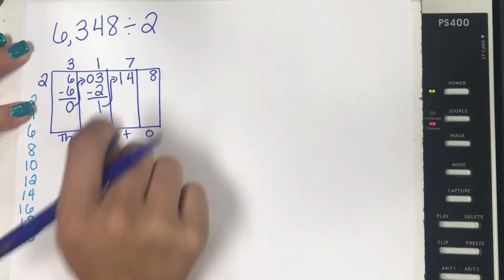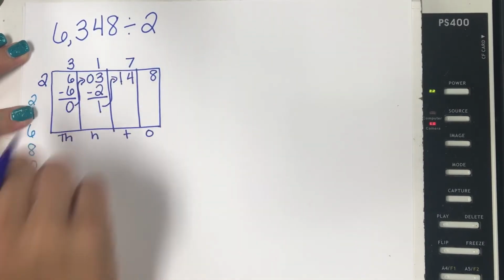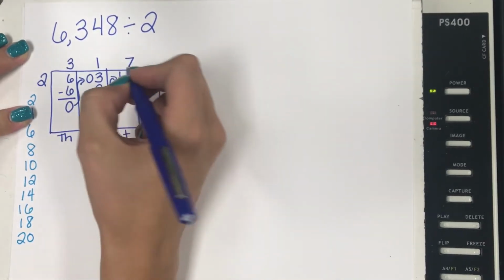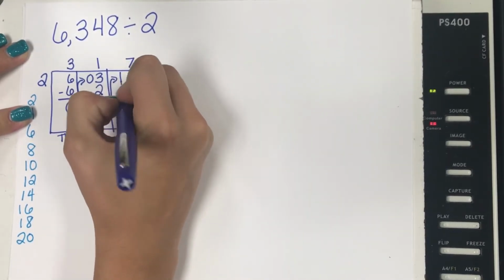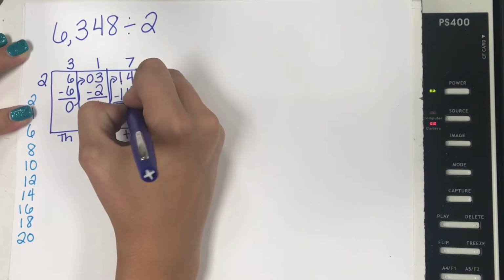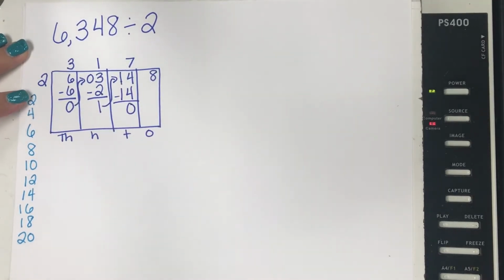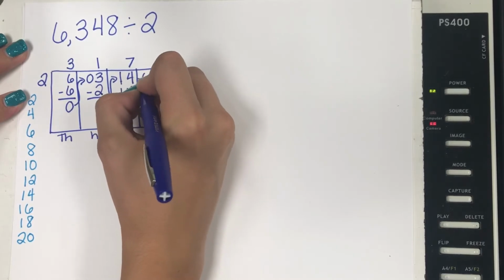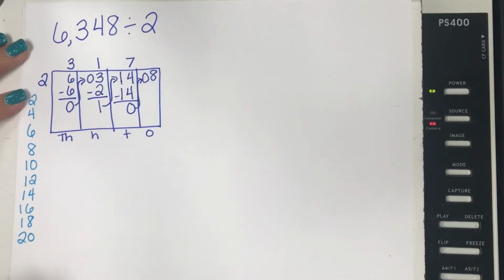So that's where that 7 comes from also. If I put 7 in 2 groups, how many did I use? 14. I used 14, so how many are left? 0. So how many 10s do I have to bring over to my 1s? 0.